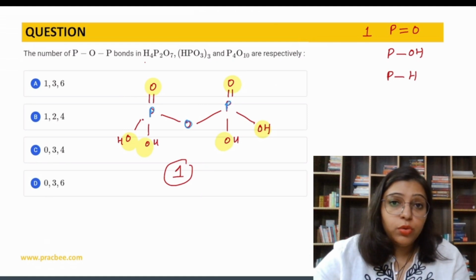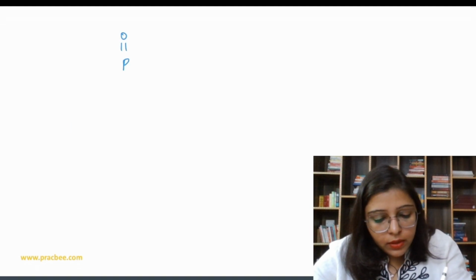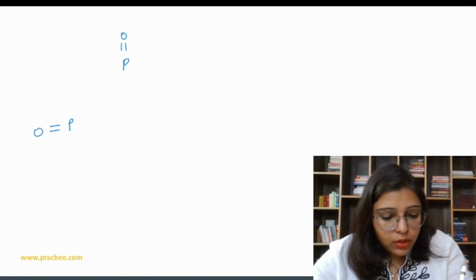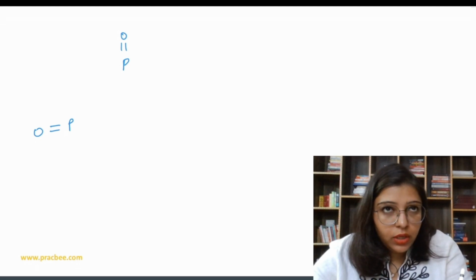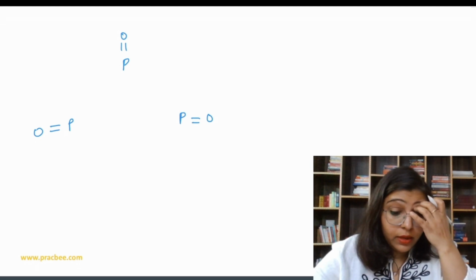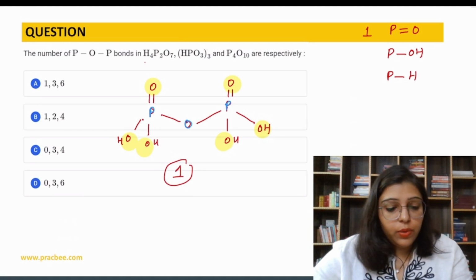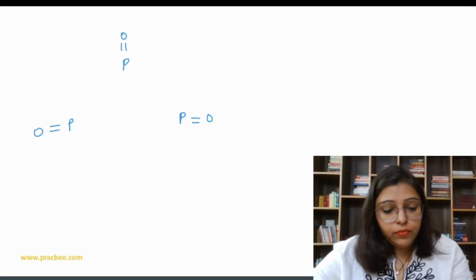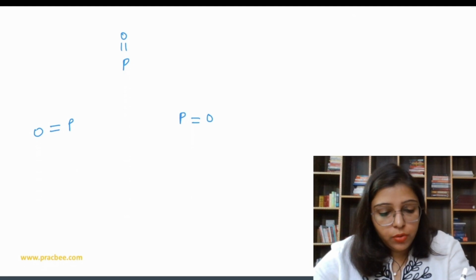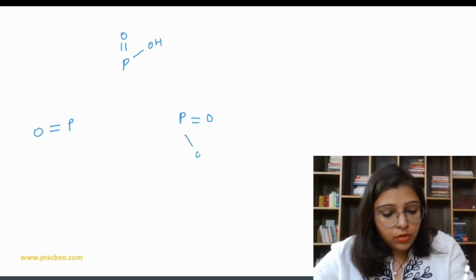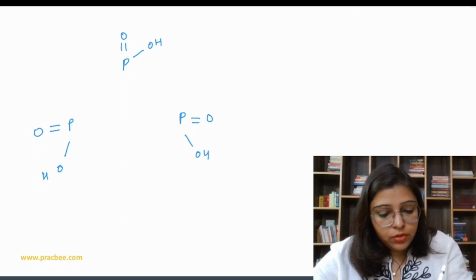Now we have (HPO3)3, right? (HPO3) whole thrice. So how to do this? It is going to be a cyclic one. So P double bond O, P double bond O, and P double bond O. Now we have OH, OH, OH, and OH.